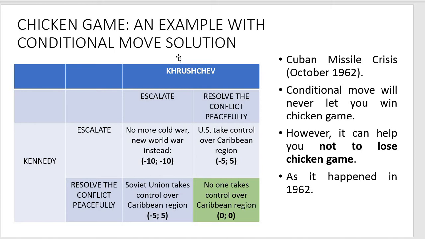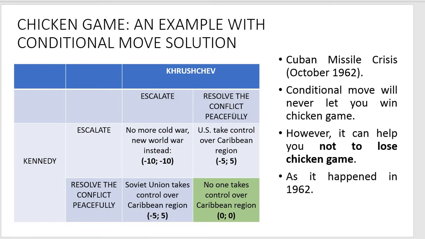And both of them had two options. They could escalate the conflict, and in this case, the Cold War turns into a new World War, and obviously it's bad for both parties because, destruction, a lot of people will die, so it's unpleasant for both the United States and the Soviet Union.